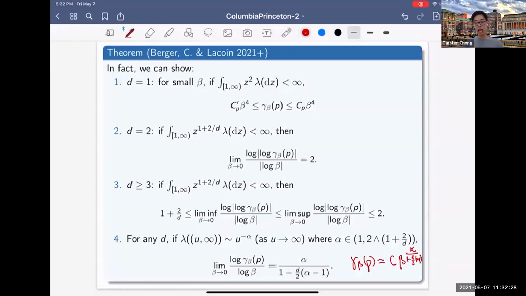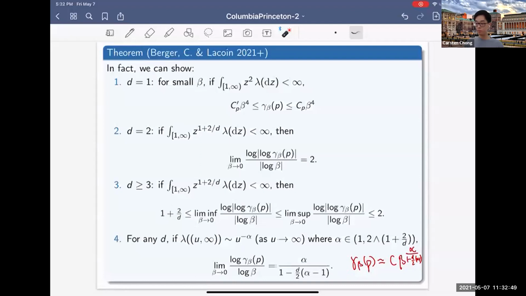If you specialize to the case alpha equals 2 and d equals 1, you're back in the Gaussian case. So what we see here is that the upper tails of the Lévy measure have an effect on the intermittency exponents.